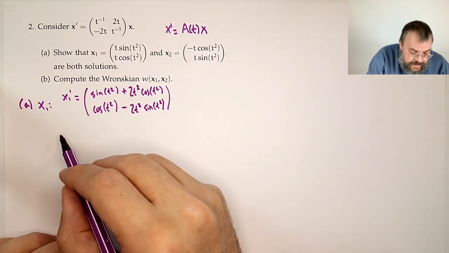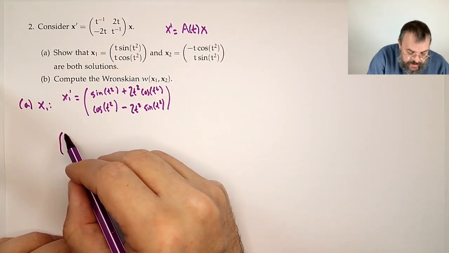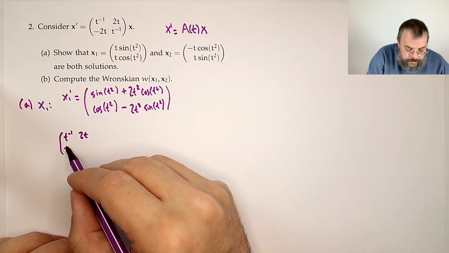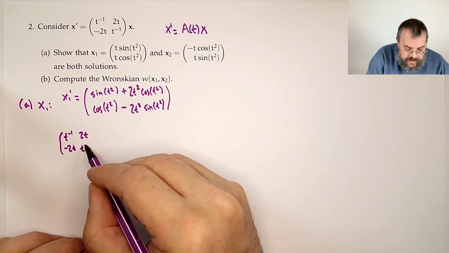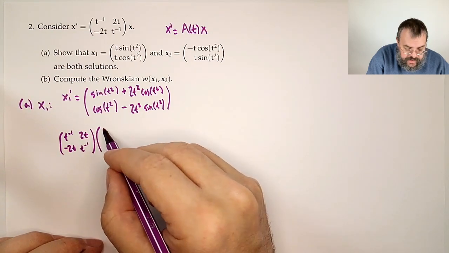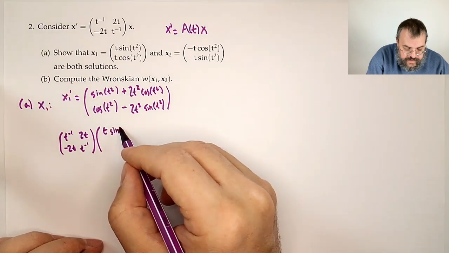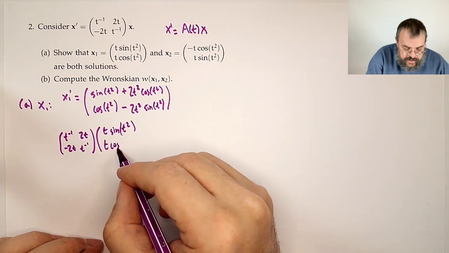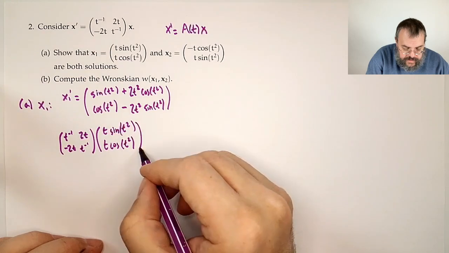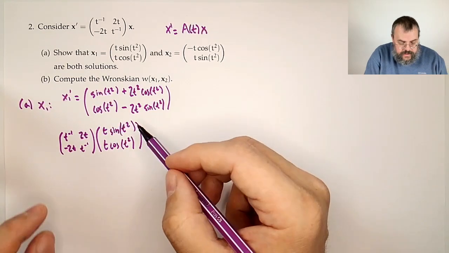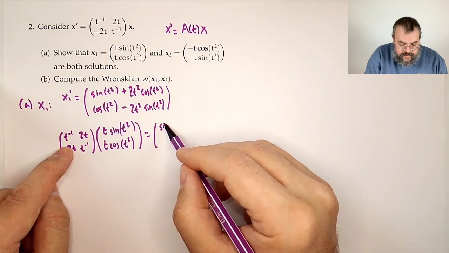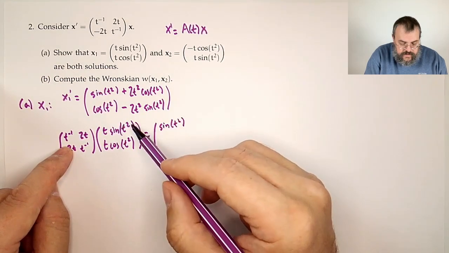Okay, on the other hand, suppose we do t to the minus 1 times 2t minus 2t, t to the minus 1, times t sine t squared, t cosine t squared. And what do we get? Well, t times t to the minus 1 would make this sine t squared.